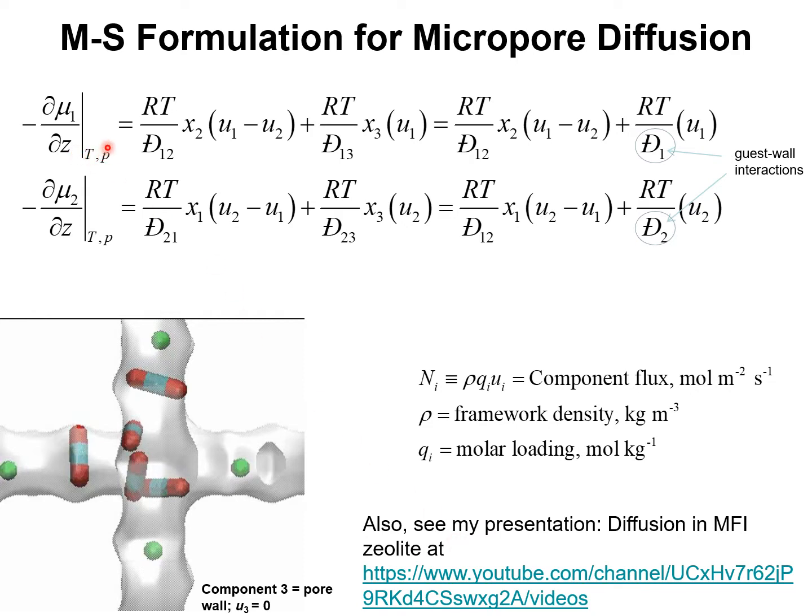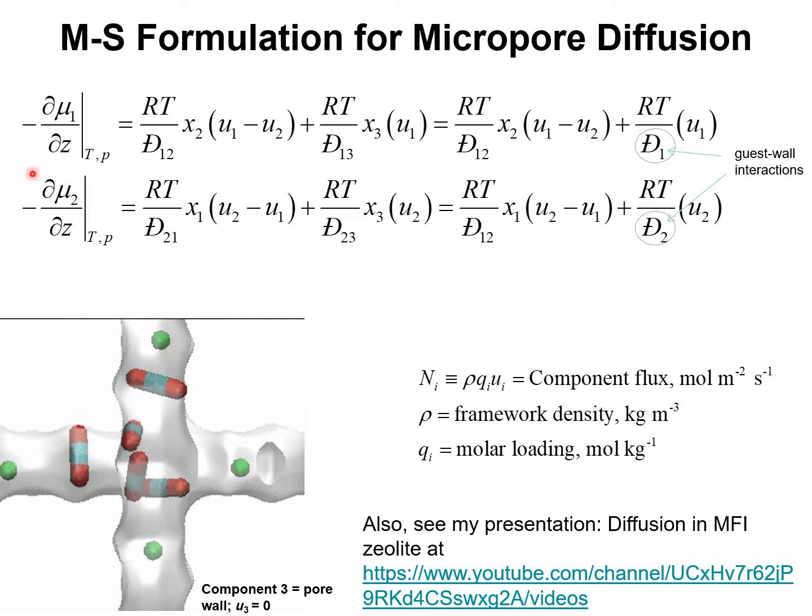Following the Maxwell Stefan formulation, we assert that the force acting on species 1, being the guest molecule 1, which is the negative of the chemical potential gradient of species 1 at constant temperature and pressure, is balanced by the friction 1 experiences in undergoing relative motion with respect to species 2, and the friction component 1 experiences in undergoing relative motion with respect to the wall, which is species 3.